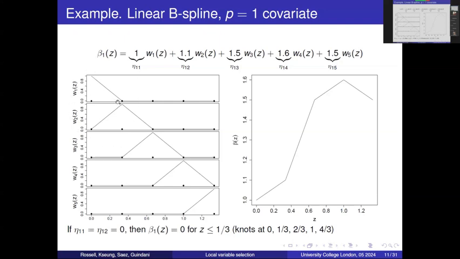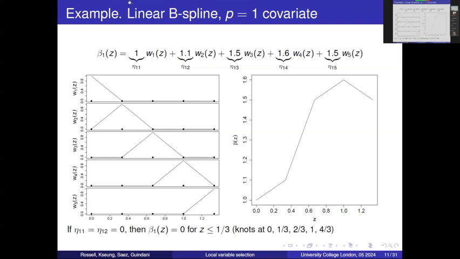And the W's look like this, a so-called linear B-spline basis. You can see that since each of these W's is piecewise linear, their sum must be piecewise linear, and it also happens to be continuous. So we get something like this, piecewise linear and continuous.